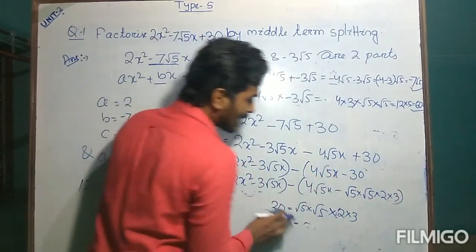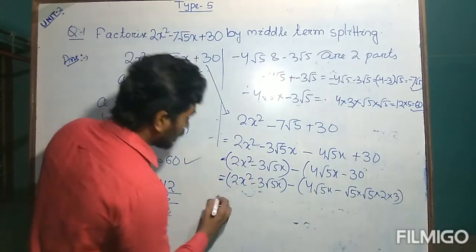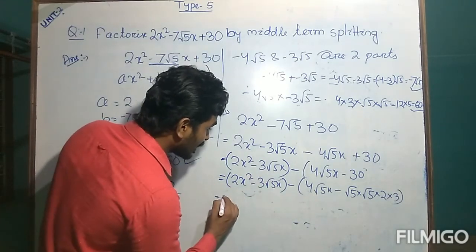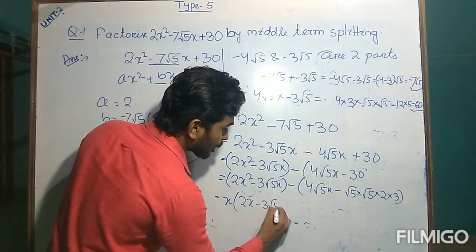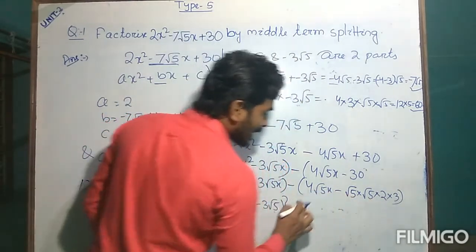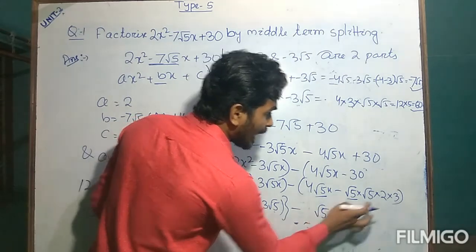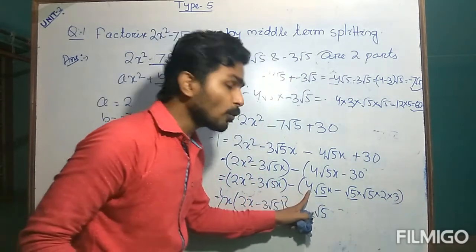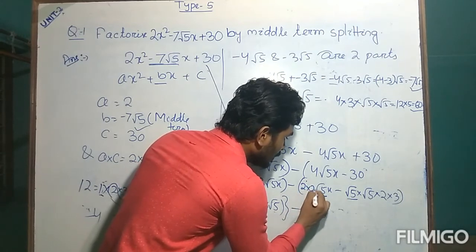Why did I do this? I did this because I need to take root 5 as common. So from the first two parts you can take x as common. So the remaining part will be 2x minus 3 root 5. From the second two parts you can take root 5 as common, and you can see 4 also can be written as 2 into 2.